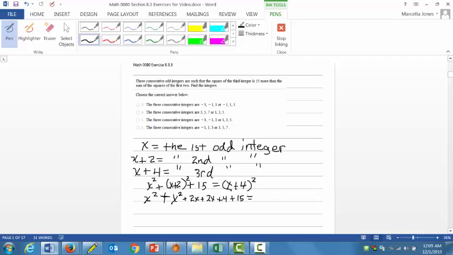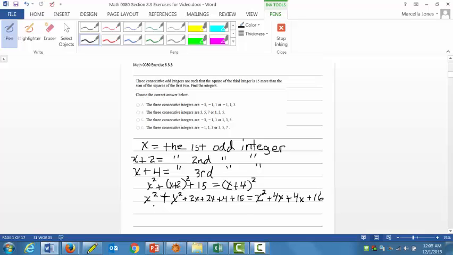And we do the same thing here. We use the distributive property twice. So we're multiplying x plus 4 times x plus 4. So x times x plus 4 gives us x squared plus 4x. And then 4 times x plus 4 gives us 4x plus 16.